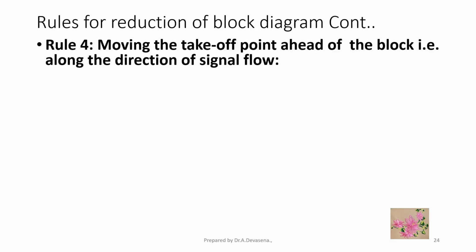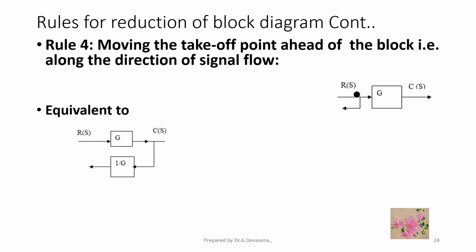Rule number 4. Moving the takeoff point ahead of the block, that is along the direction of signal flow. This is the representation. After shifting the takeoff point ahead of the block, the block diagram is equivalent to, here is a representation after shifting the takeoff point from the input side towards the output side.